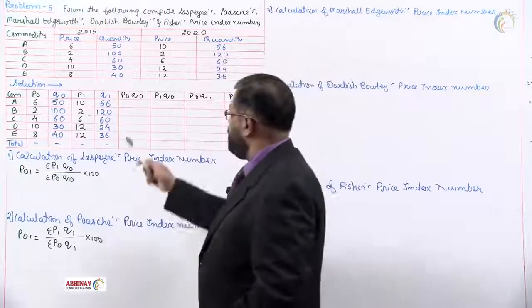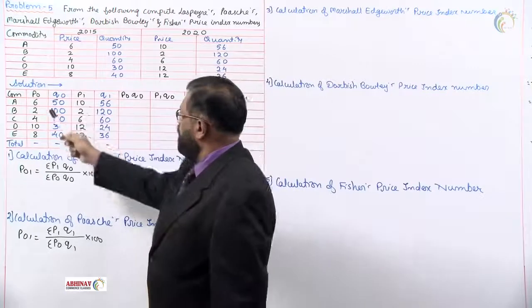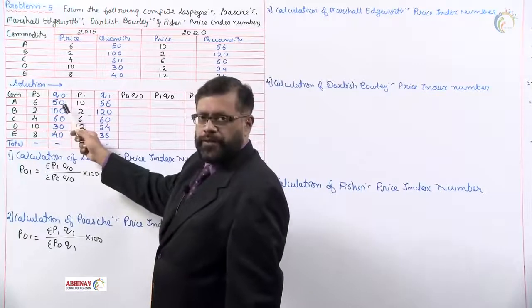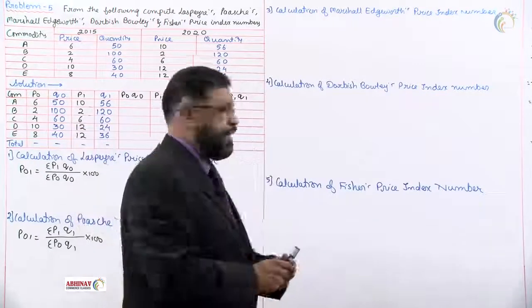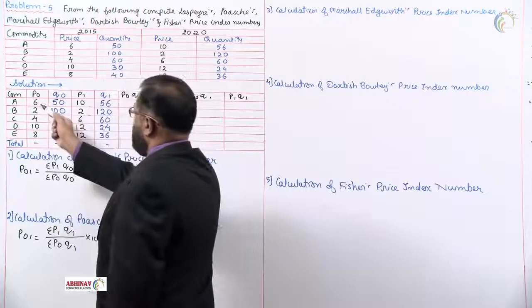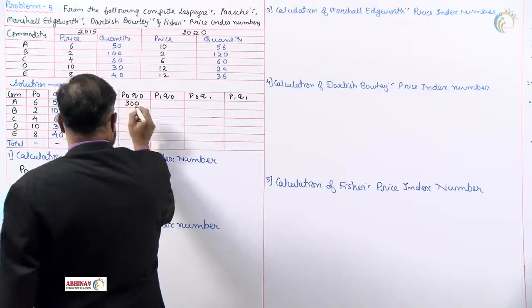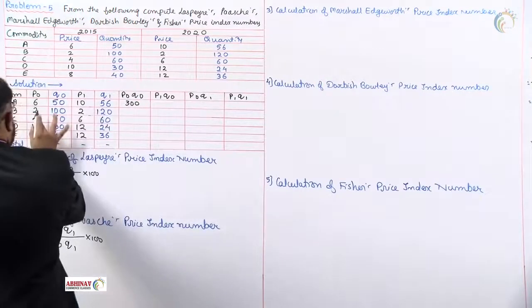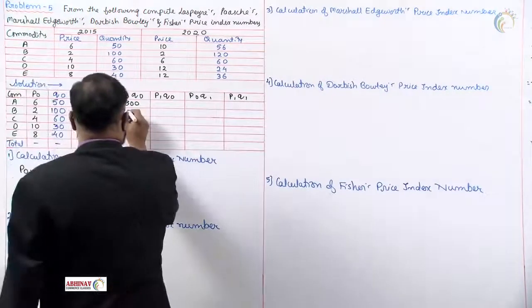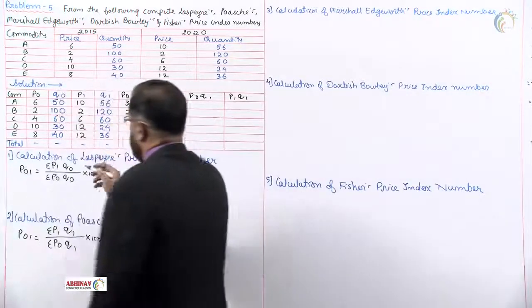What is to be done? P0 Q0 means P0 values into Q0 values. Let's see what multiplication we get. P0 6 into 50, 300. Then 2 into 100, what we get is 200.